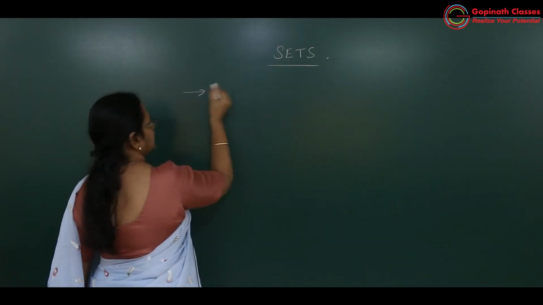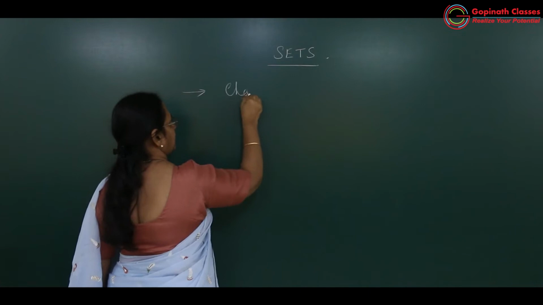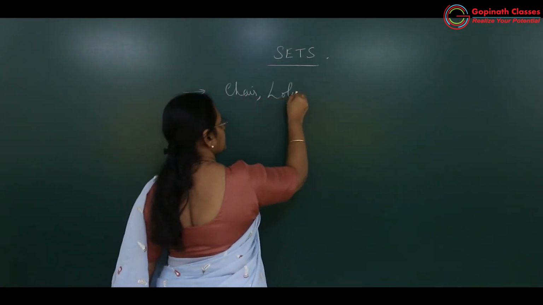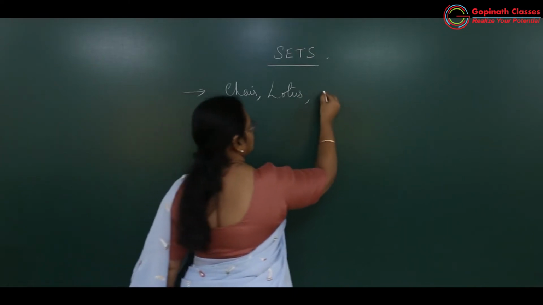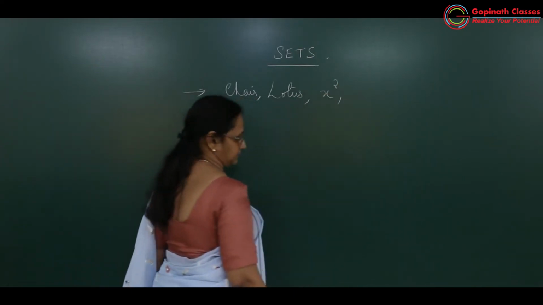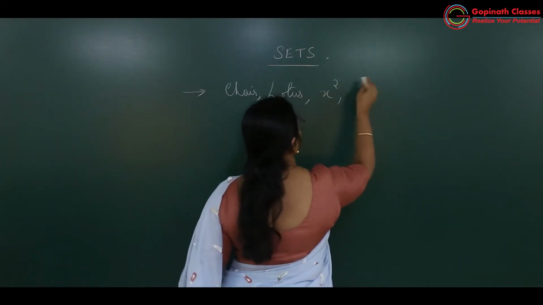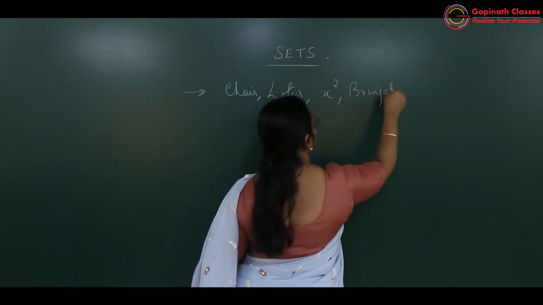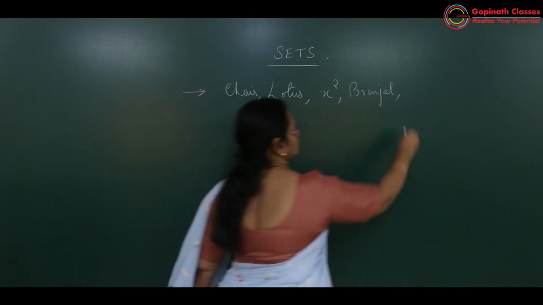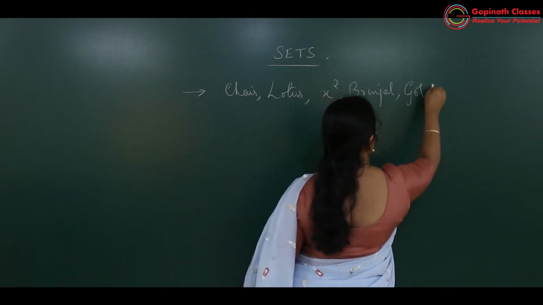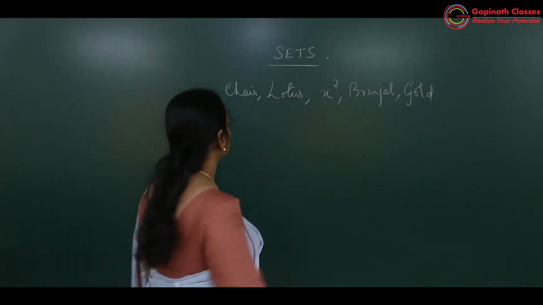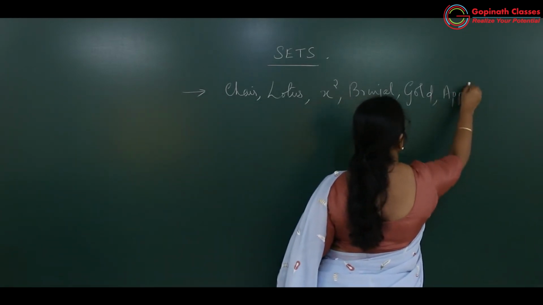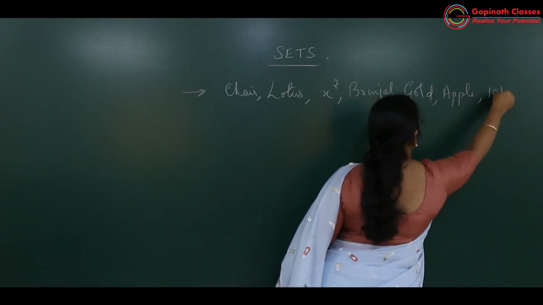I am writing some elements here. One is chair, lotus, x square, brinjal, gold, apple, 101.